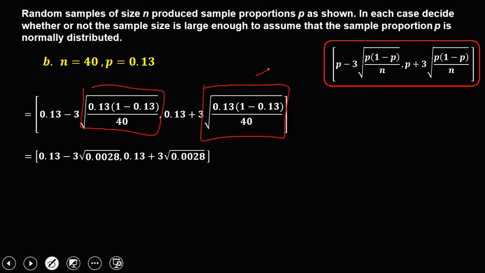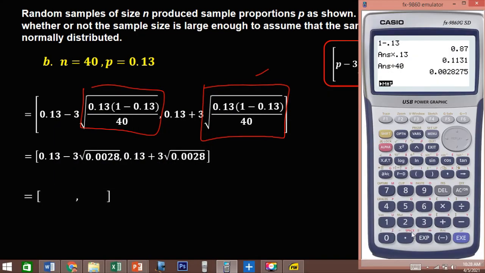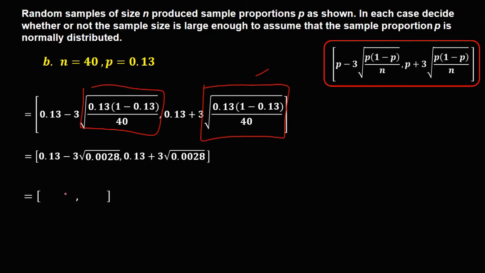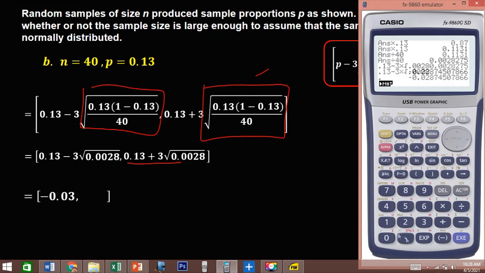To solve now for the interval, it's 0.13 minus 3 times the square root of 0.0028, it's negative 0.03. And the other one, that's 0.13 plus 3 times the square root of 0.0028, it's 0.29.